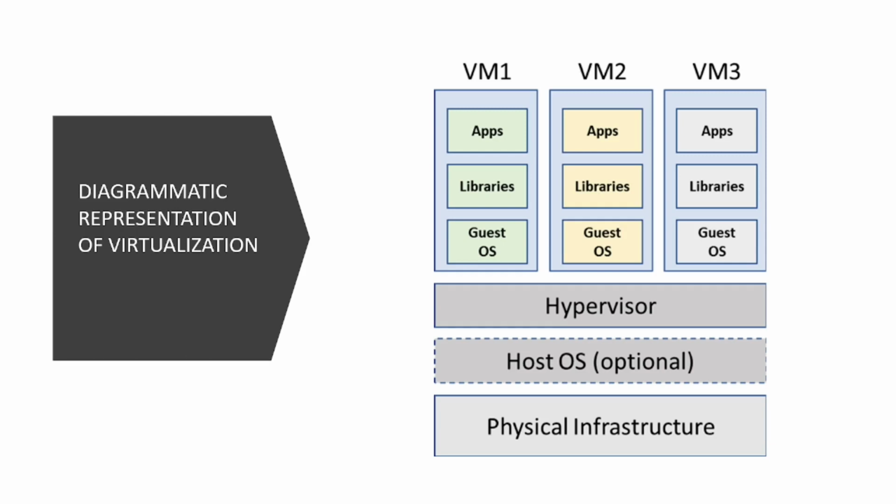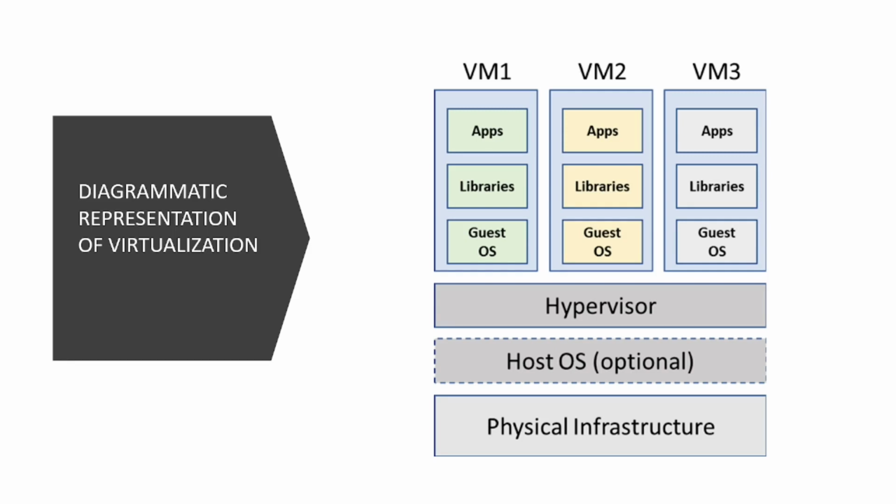Now in the diagram you will see that there are three different VMs created. VM is the abbreviation for virtual machines. As per the diagram, each virtual machine has its own guest operating system, its own libraries and its own applications hosted on those virtual machines.